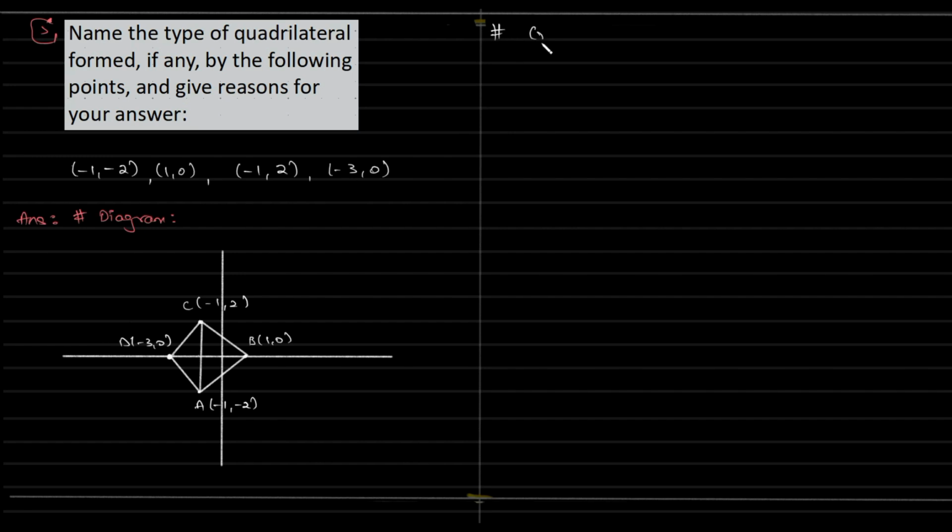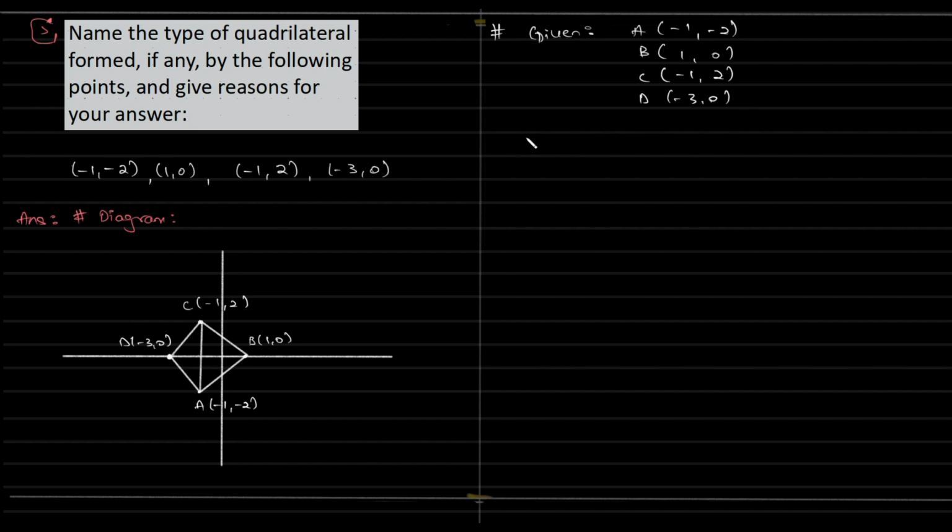To begin with, you need to write what points we are considering and their coordinates. Point A, point B is 1, 0. Point C is -1, 2. Point D is -3, 0. These are x and these are y, right?